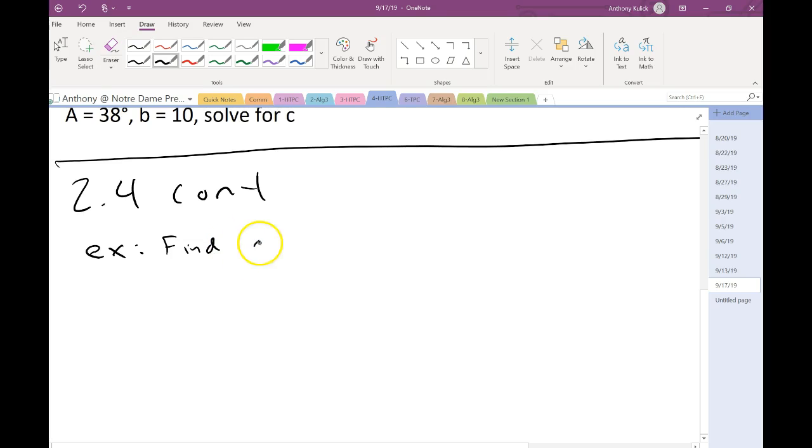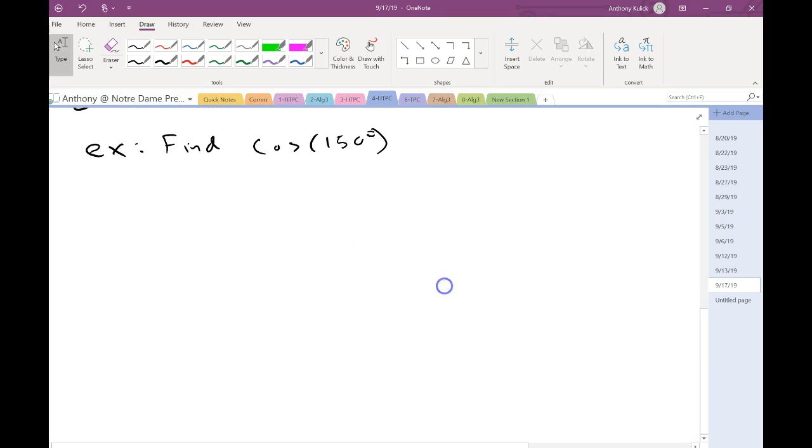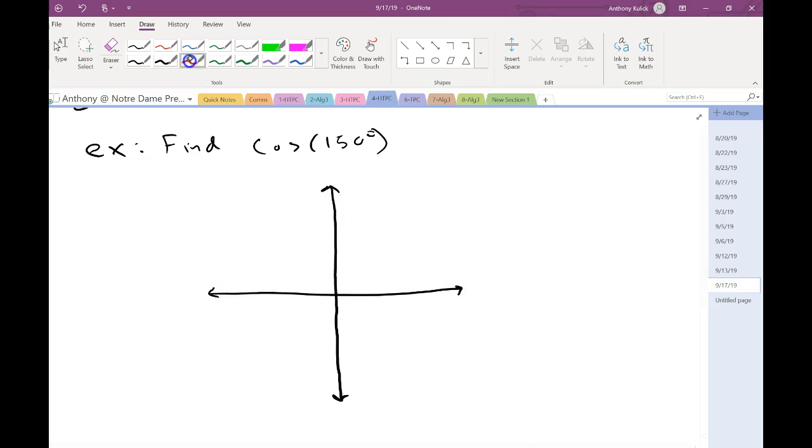So let's say we want to find cosine of 150 degrees. The first thing I'm going to do is draw myself a picture. I'm going to draw my xy axis, and I'm going to draw a 150 degree angle. I'm going to start by drawing the initial side of my angle, and that initial side always lies on the positive x-axis.